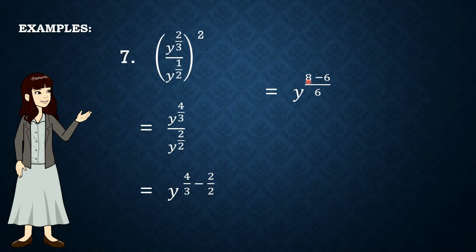So we write 8. 6 divided by 2 is 3, 3 times 2 is 6. So we have 8 minus 6, and 8 minus 6 is 2. So we have y raised to 2 over 6. Let us get the lowest term of 2 over 6, and that will be 1/3. So the answer now is y raised to 1/3.